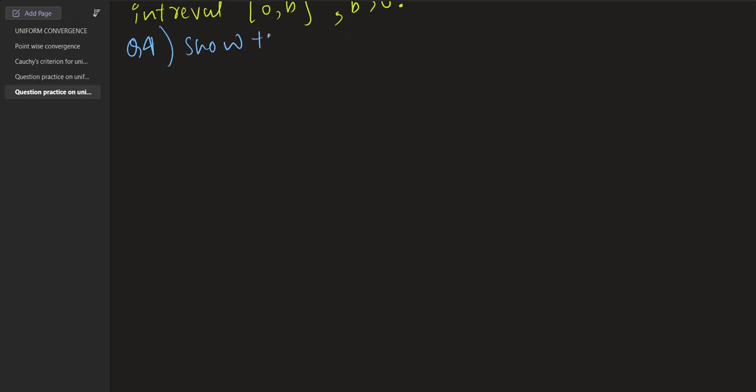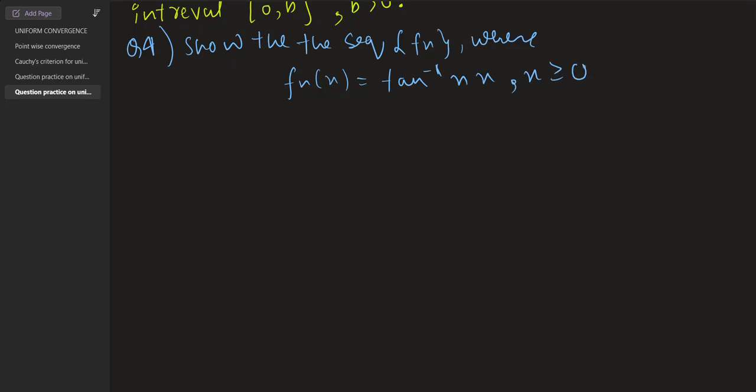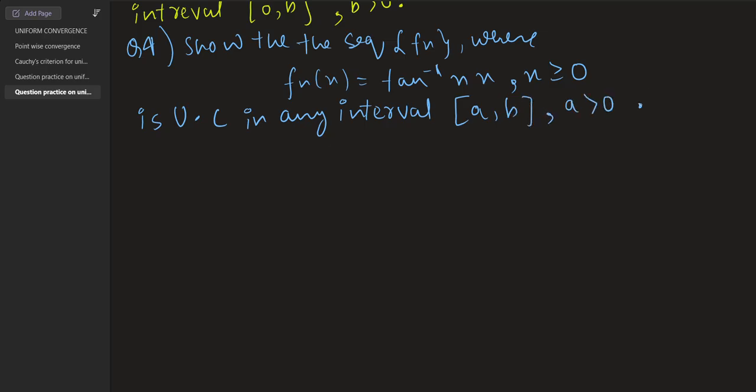Show that the sequence fn, where fn(x) equals tan inverse of nx, where x is greater than or equal to 0, is uniformly convergent in any interval (a, b), where a is greater than 0, but is only pointwise convergent in (0, b).